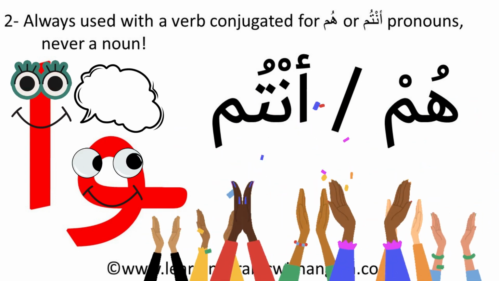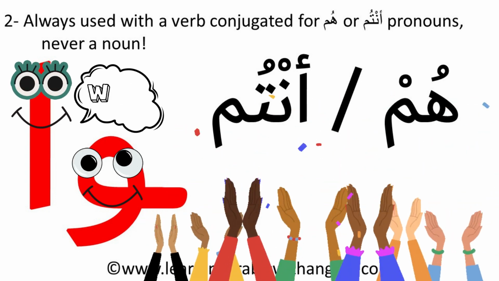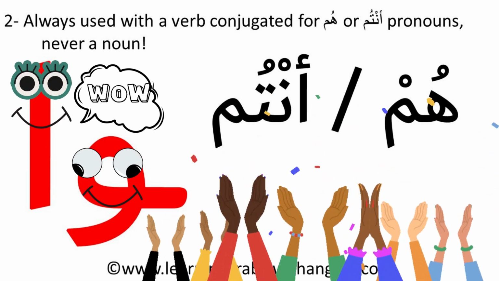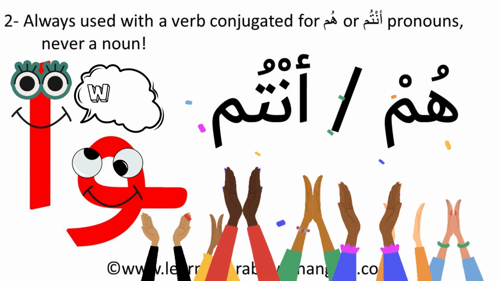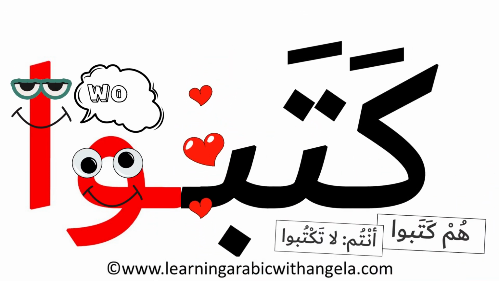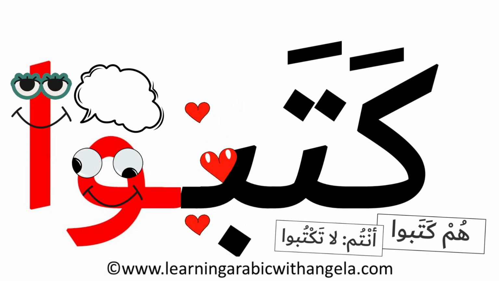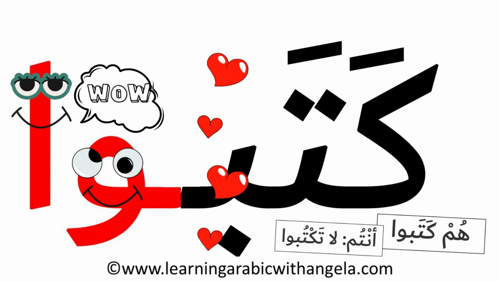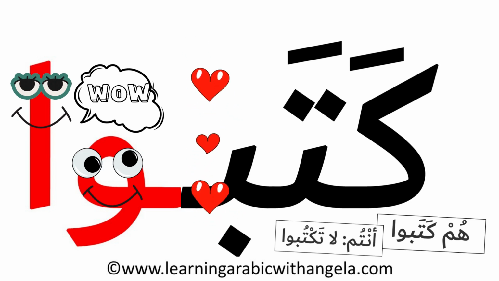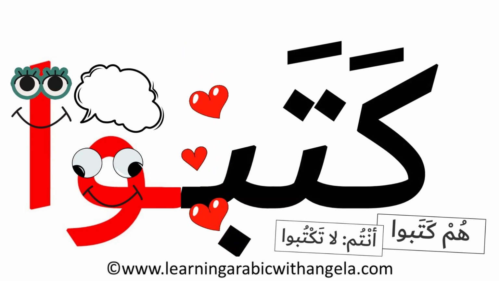You can say that the waw and alif love a crowd. For example, هم كتبوا, they wrote. Or for أنتم, لا تكتبوا, don't write.